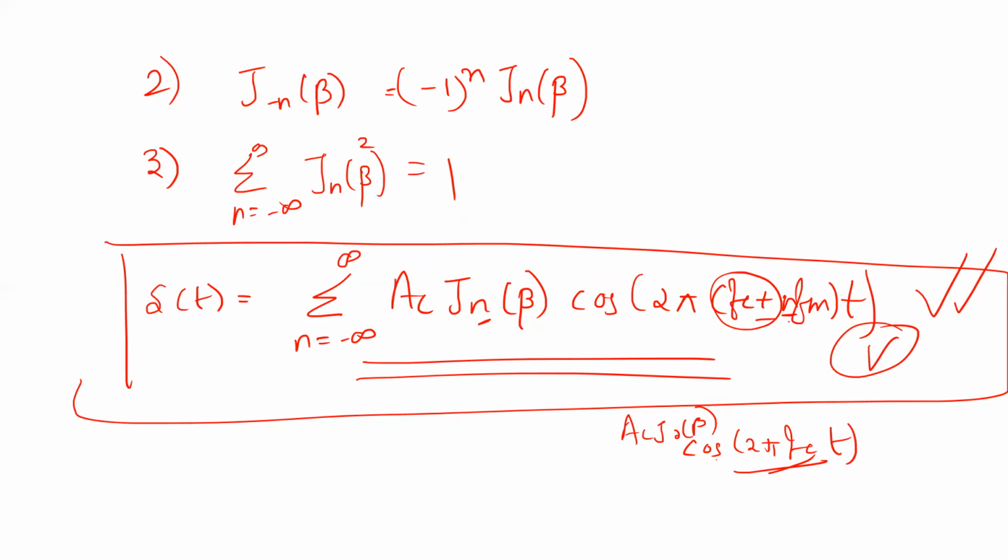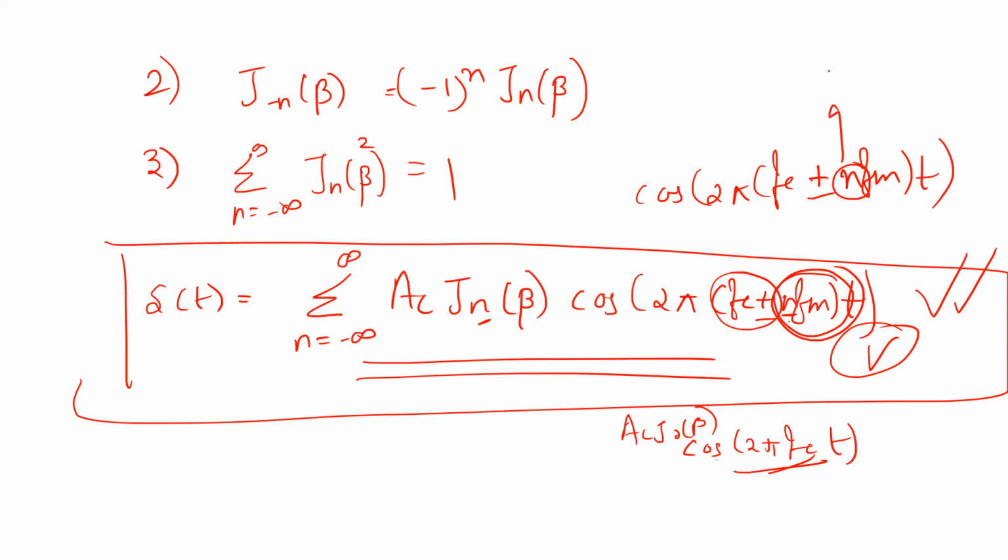It's A_c times the sum of J_n(beta) cosine of 2 pi (fc plus n fm) t, plus and minus n fm into t. N is the number of positive sidebands.